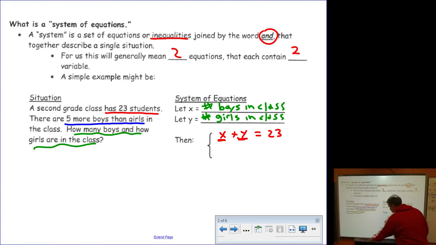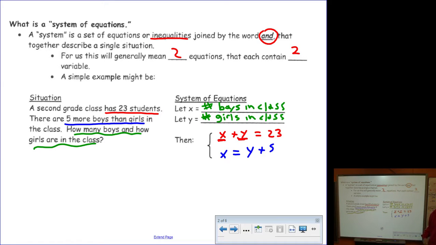And then the blue equation says that there are 5 more boys than girls. So the number of boys would be equal to the number of girls. Now, are they equal? Well, no, they're not equal. There's 5 more boys. So that means the number of boys would equal the number of girls plus 5. Now they'd be equal if we added 5 to the number of girls.